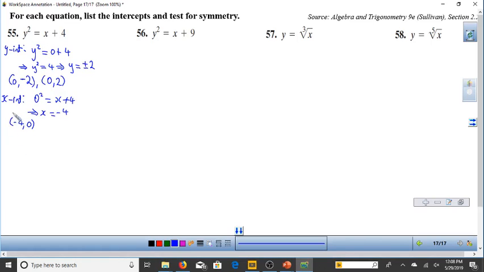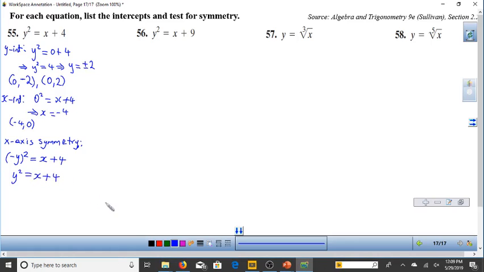Now, let's check for symmetry. To check for x-axis symmetry, I simply replace all my y's with negative y. And then I simplify the equation. And when I square negative y, I get the same as when I square positive y.